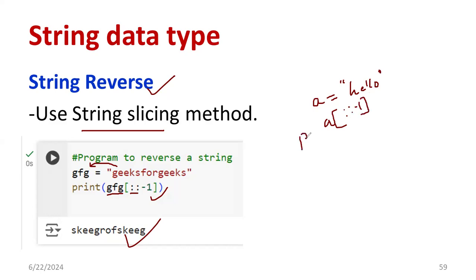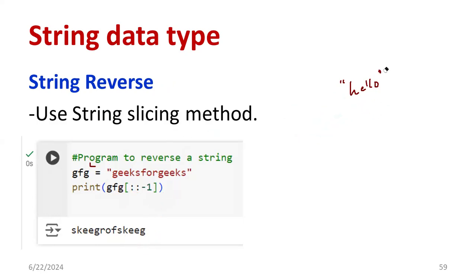If you want to get the result, I can use print. I'll get the reversed result. Hope you understood. This is called the string slicing method, which is most popular and useful in many cases.